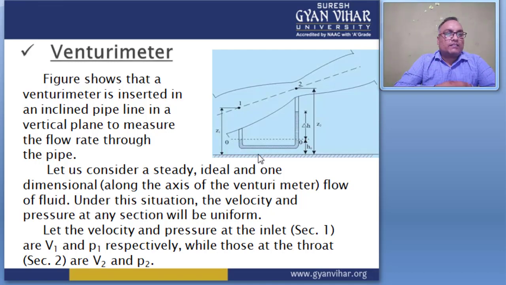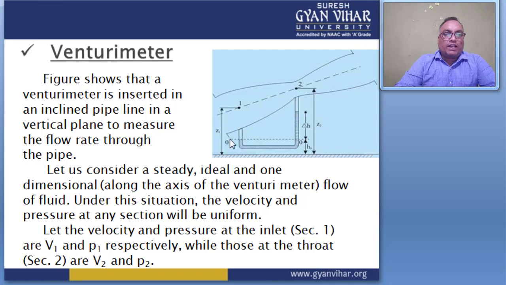Suppose we consider a steady, ideal and one-dimensional flow, and this one-dimensional flow is along the axis of the venturimeter flow field. Under this situation, the velocity and pressure at any section will be uniform, meaning for section 1 and section 2 they will be uniform.